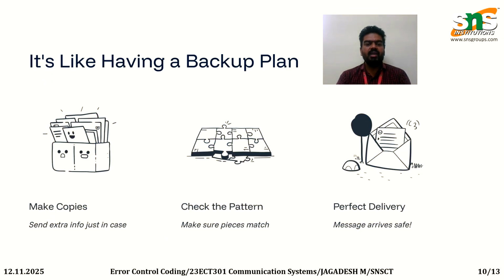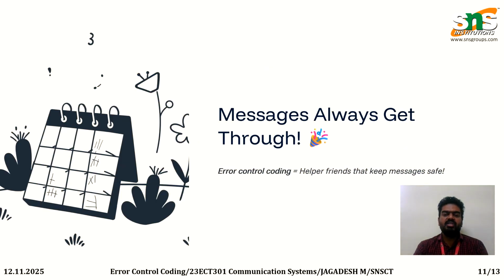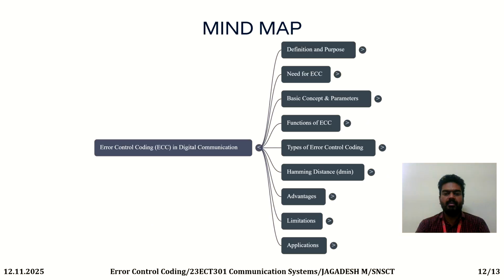It is like having a backup plan: make copies, send extra info just in case, check the pattern, make sure pieces match, and the message arrives safely. From this we can ensure that the message is received at the destination safely, and the message always gets through. Error control coding helps keep messages safe. So this is error control coding.